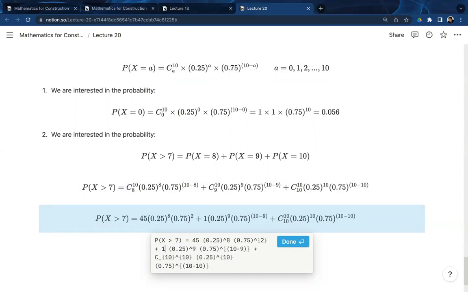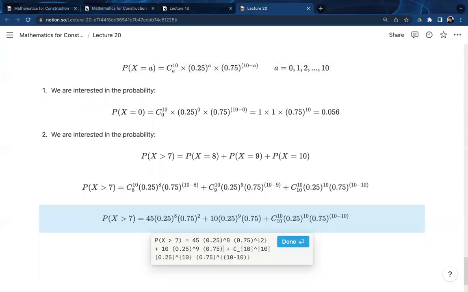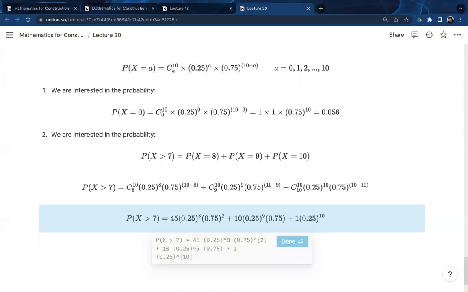This is 10. This is just to the power 1. And 10 choose 10. This is 1. 0.75 to the power 0 is nothing. So it's really just this.